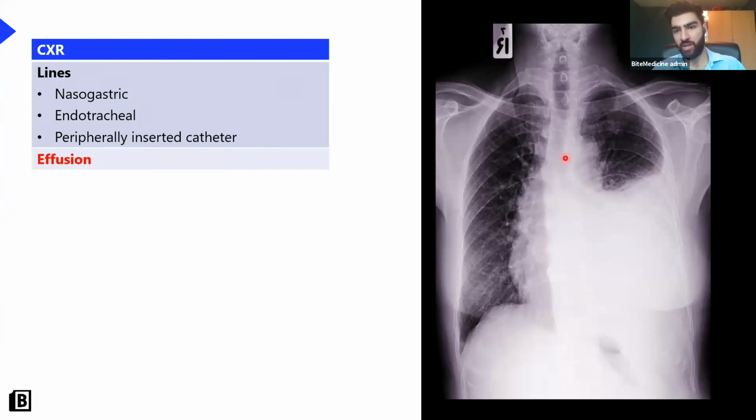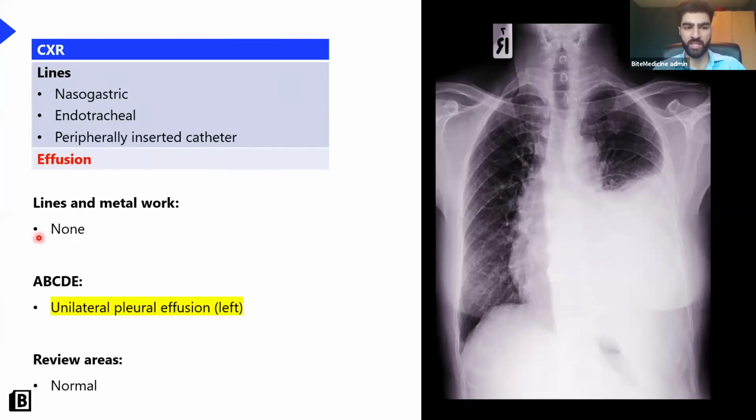It's this semicircular appearance. That is classic for a pleural effusion. So this patient has quite a large pleural effusion. Systematic approach, no lines or metalwork, unilateral left-sided pleural effusion. The review areas are normal.